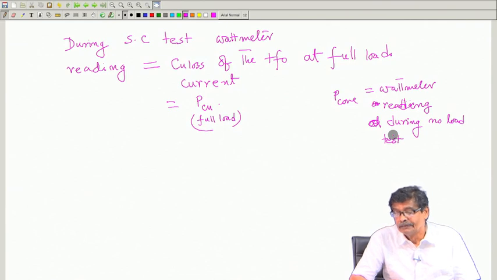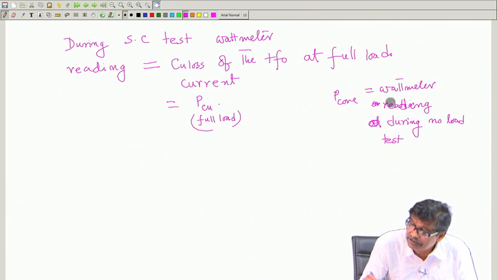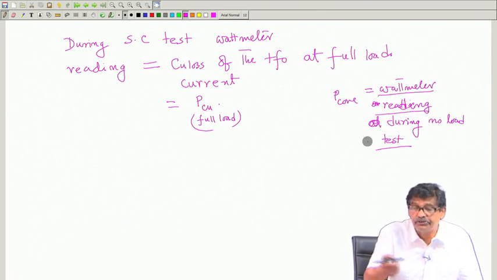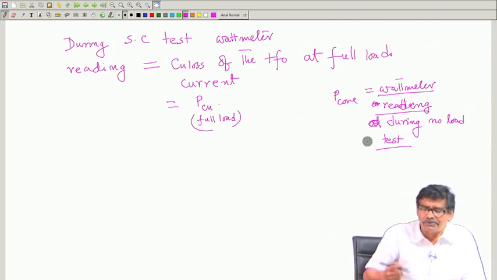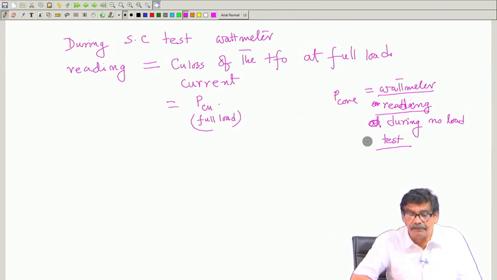So, flux remains the same and the wattmeter was reading only the core loss alone, we neglect the copper loss at that time. So, this is constant. As we change Z_L, P_core will practically remain constant.